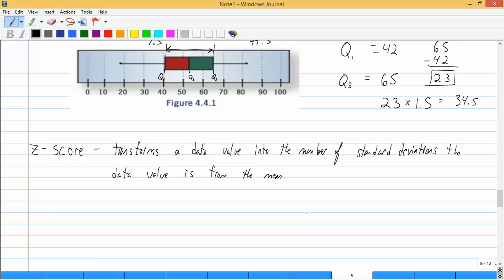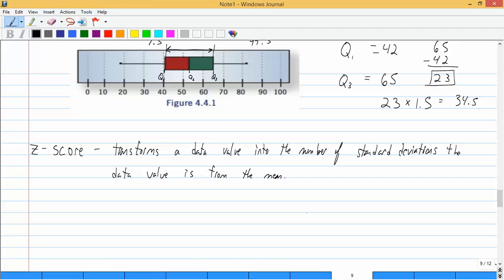We could use the Z-score to do all kinds of things, but one way would be, you know, say you had a male that was 7 feet tall and you had a female that was 6 feet 8 inches tall, and you wanted to know relatively who is taller.